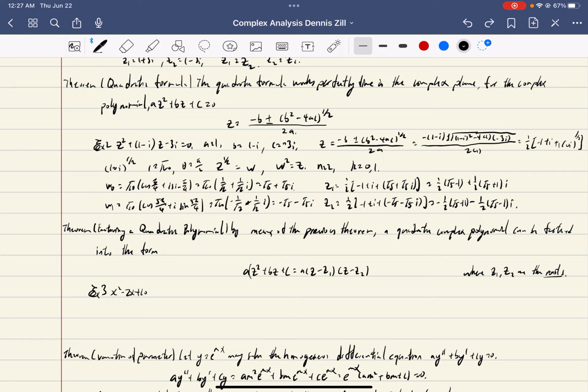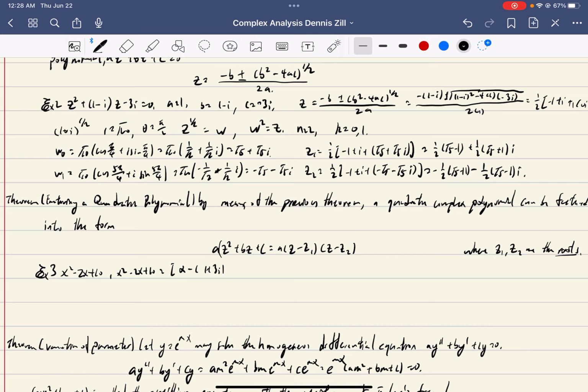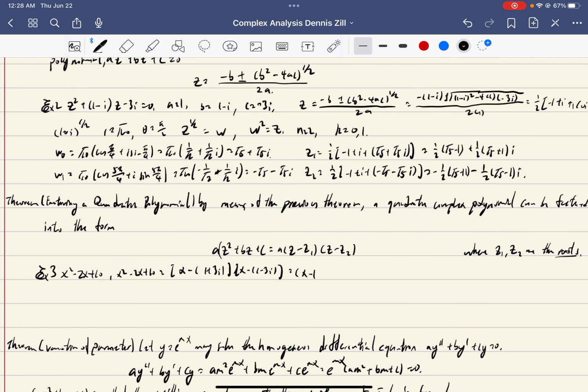We did earlier that the roots are 1 plus 3i and 1 minus 3i. So it is x minus 1 minus 3i, multiplied by x minus 1 plus 3i.